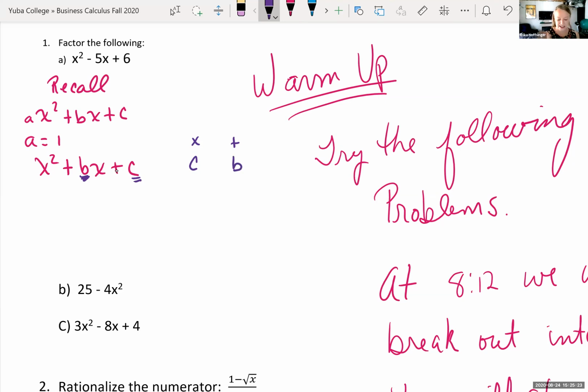So let's say that you found the 2 numbers, arbitrarily, were e and d. So e times d would equal c, and e plus d would equal b. If this is the case, then we can factor this as x plus e times x plus d.